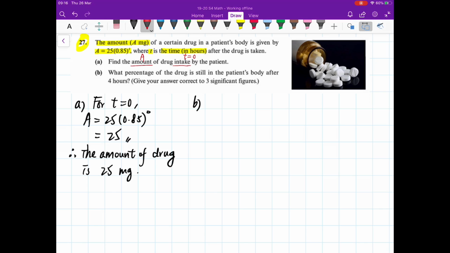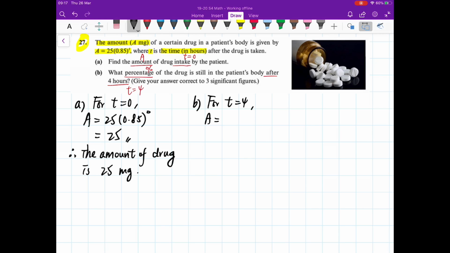Then part B asks you to find the percentage of the drug that is still in the patient's body after 4 hours. This time we substitute t equals 4.